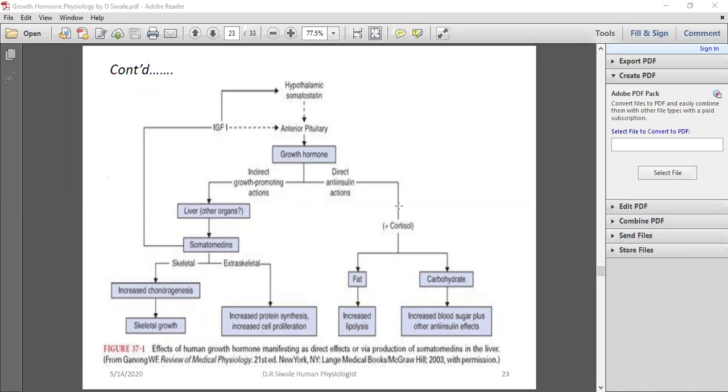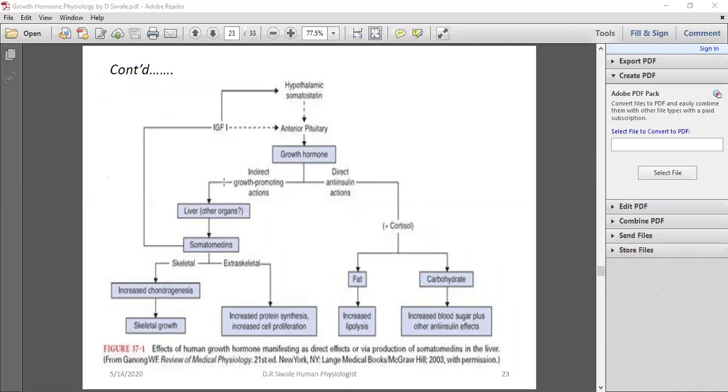If you look at cortisol, which we'll look at later on, the factors that stimulate cortisol secretion are related to factors that stimulate growth hormone. So for direct effects, it needs the permissive action of cortisol.